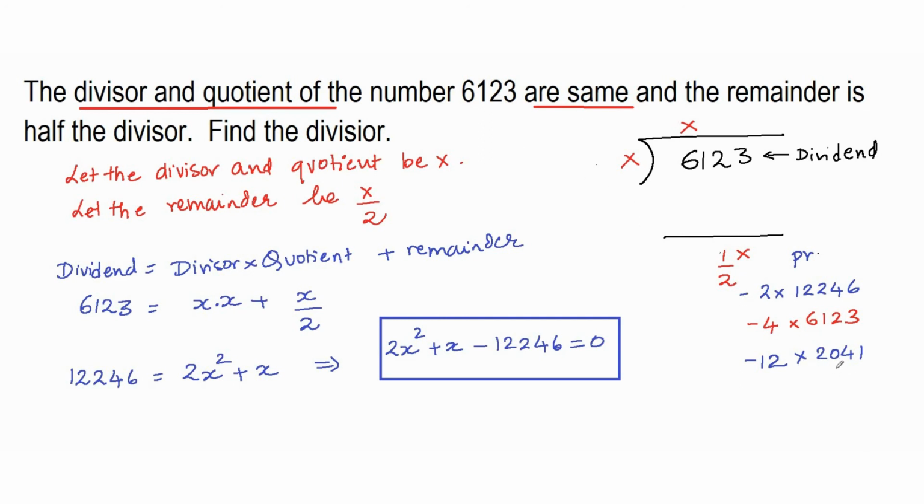Let's see, 2041 is not divisible by 2, 3, 4, 5, 6, 7, 8, 9. It is not divisible by 11. Is it divisible by 13? Let's check. So let's divide 2041 by 13. 13 ones are 13 and 7 remains, 74. 13 fives are 65 and 9 remains, 91.